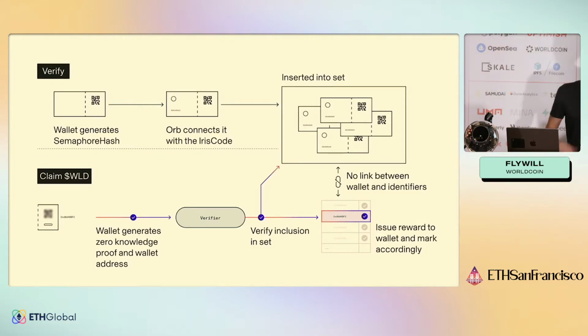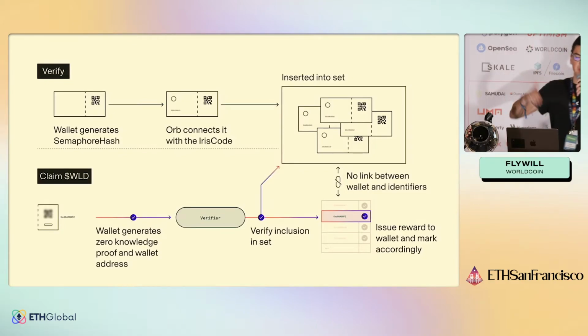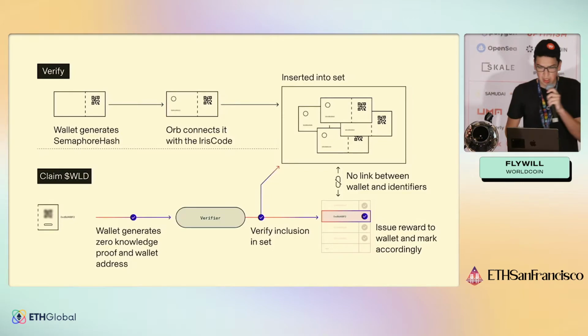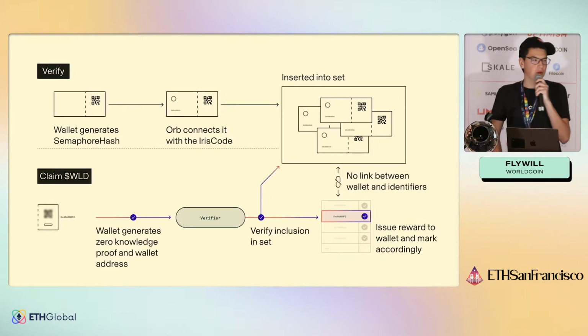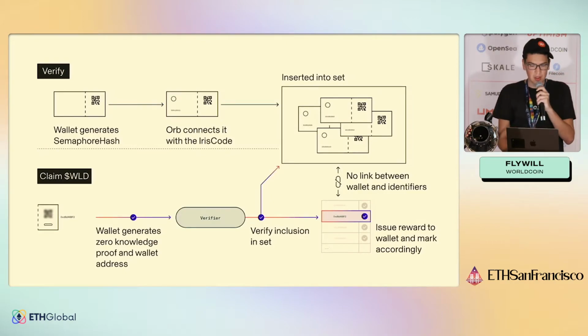The orb then takes a picture, computes the iris code, checks that it hasn't seen it before, and if you're a unique person, it'll insert the public key into this list of verified identities, which lives on chain, currently on Polygon, and we're working on bringing it multi-chain.